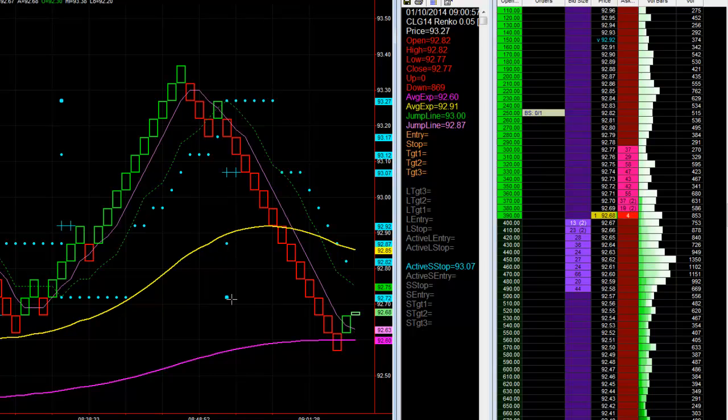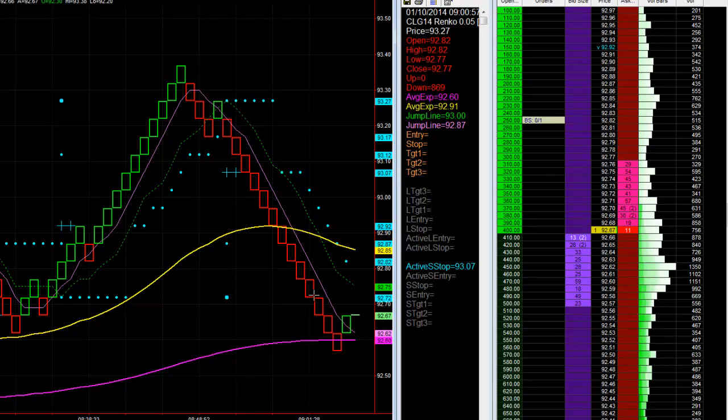The second target, 5, 10, 15, 20, 25, 30, 35. So that was a $350 move right there. So all in all, those 2 contracts made $550. And then I've got my third contract still in play, as you know. On the other trade, and that trade has survived, it's still in there.